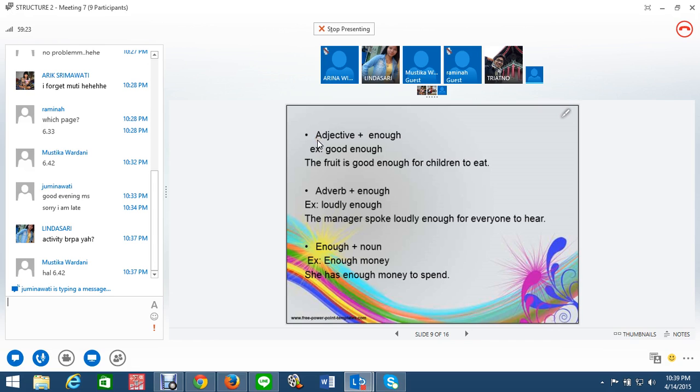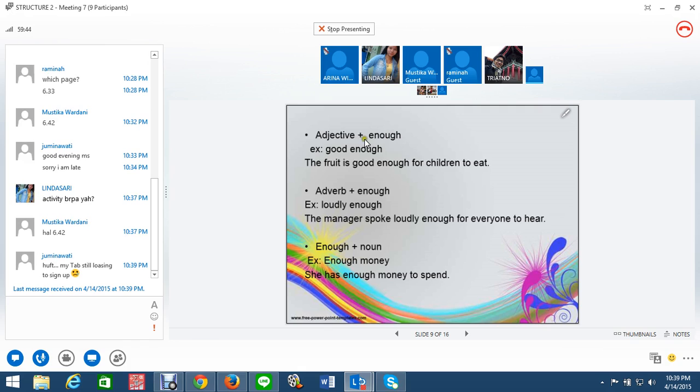She's beautiful enough. You can say that. So she's good enough. If you're going to use enough, remember that enough should be paired with an adjective, so the adjective should be placed before enough.